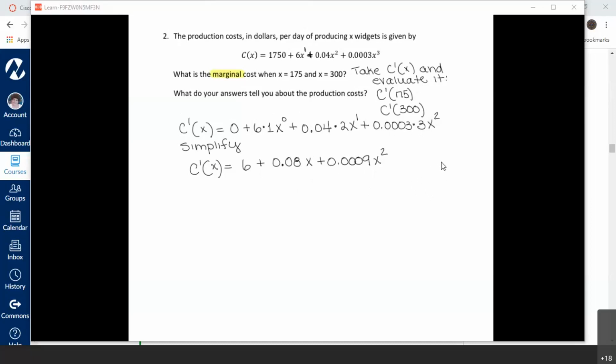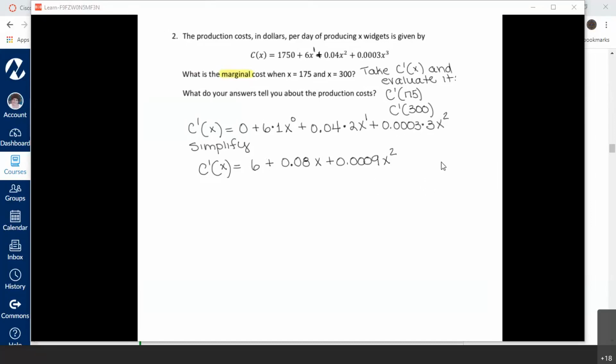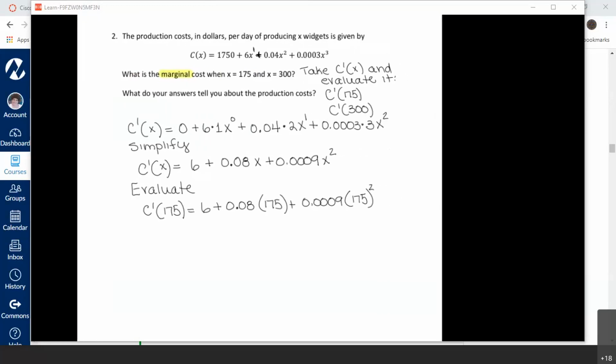Now what I need to do is evaluate. So I'm taking the derivative, and every place I see an x, I'm going to put in 175. And again, you can do this on your calculator of choice.